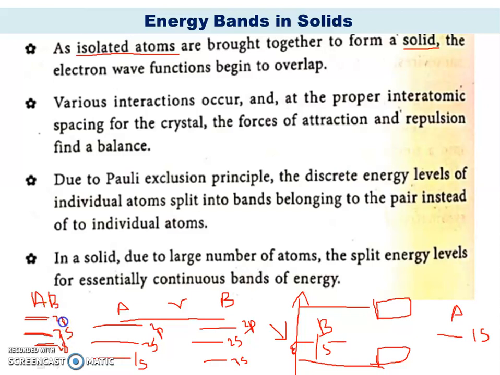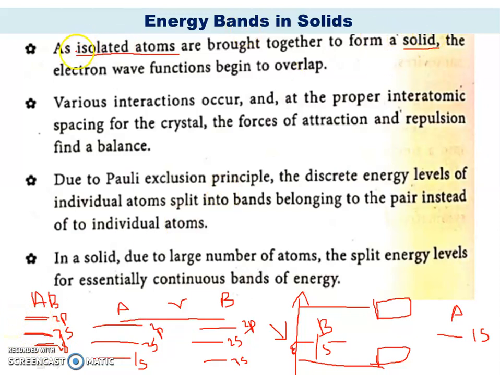Now you understood, right? If two atoms are brought close together, each level forms two levels. If n atoms are brought together, then we end up with a 1s band, 2s band, 2p band, etc.